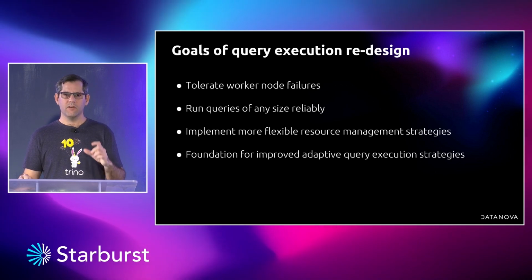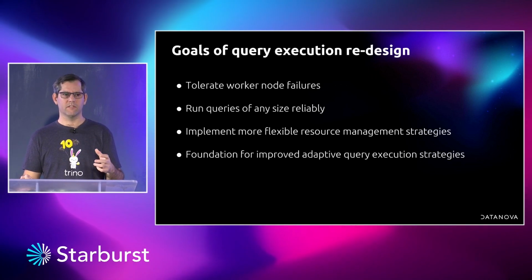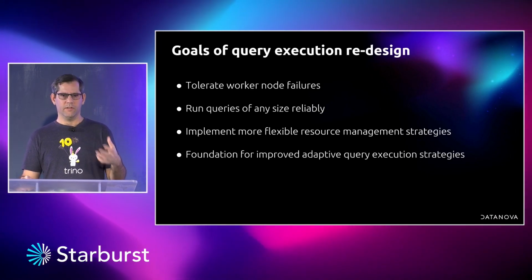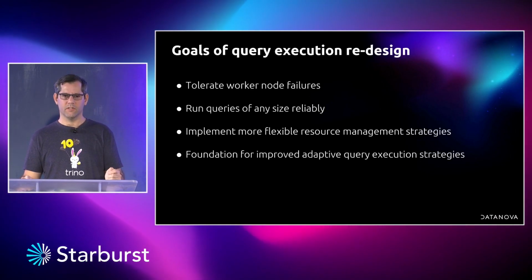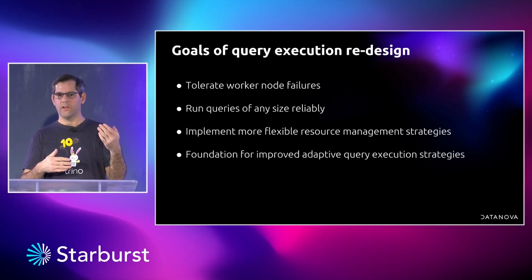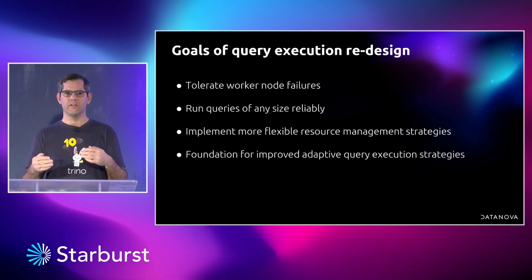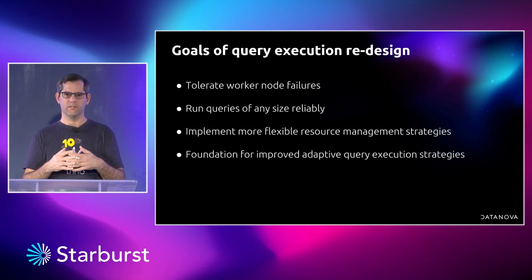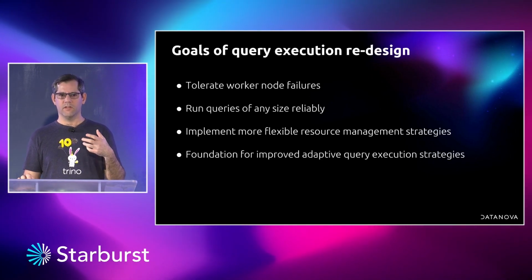And then because queries get split into smaller tasks, one of the goals was to have more flexible strategies for managing resources. How do we take advantage of being able to prioritize pieces of queries depending on how important the queries are, and run one query faster?